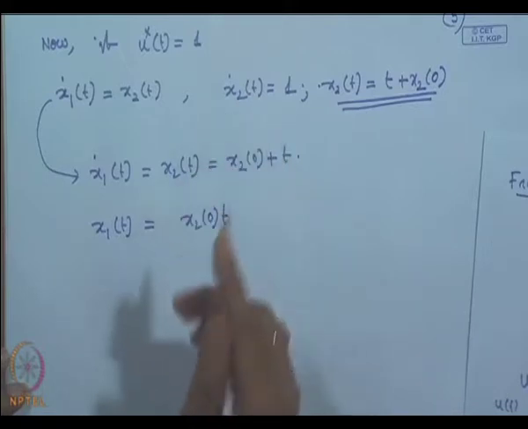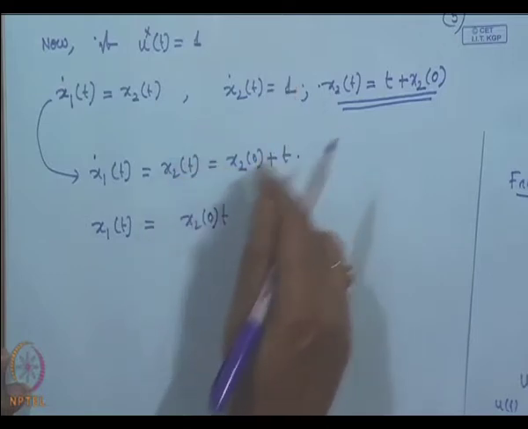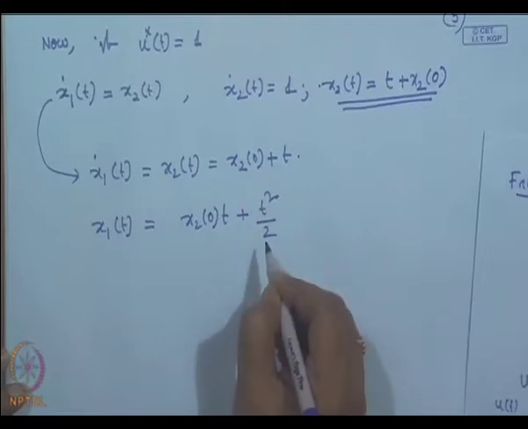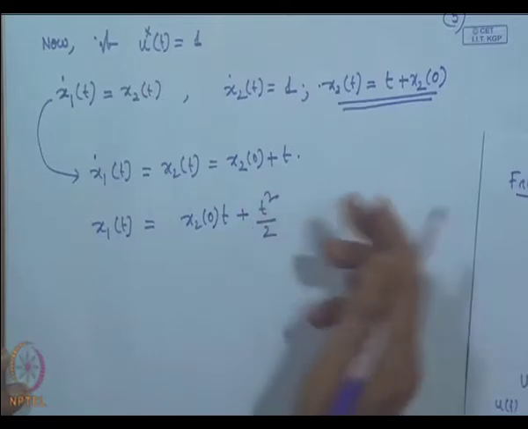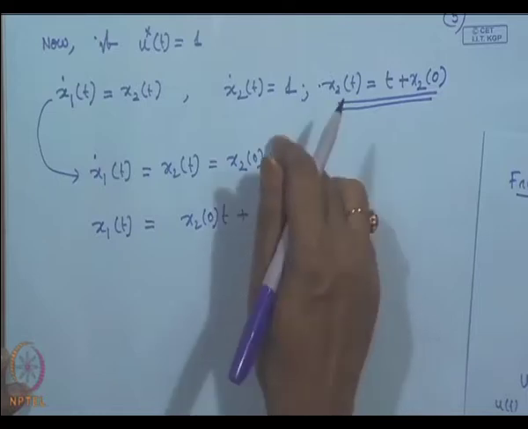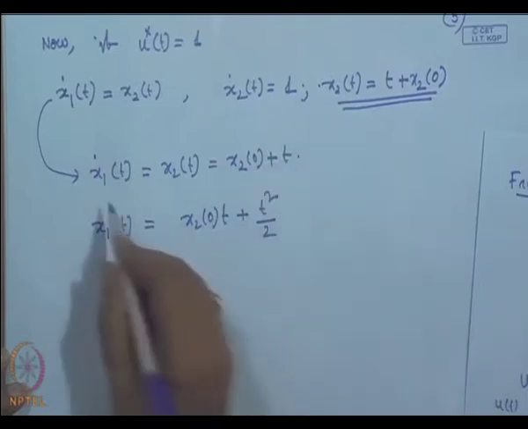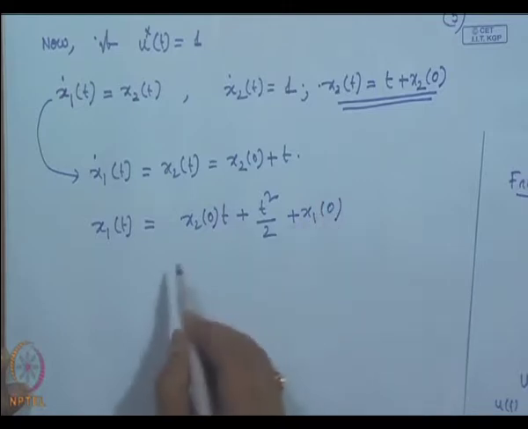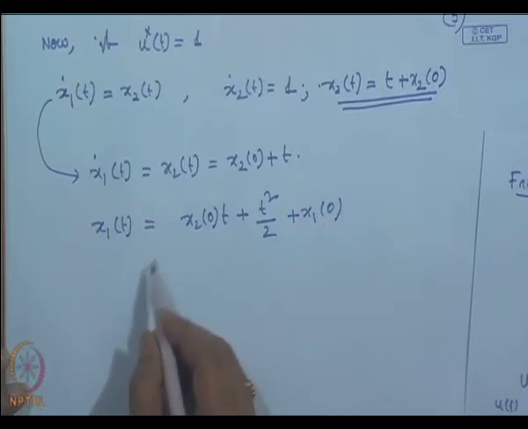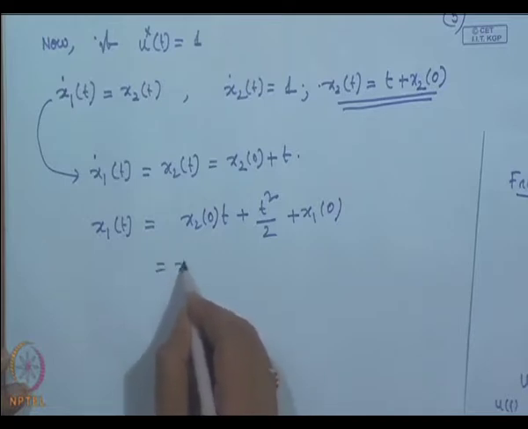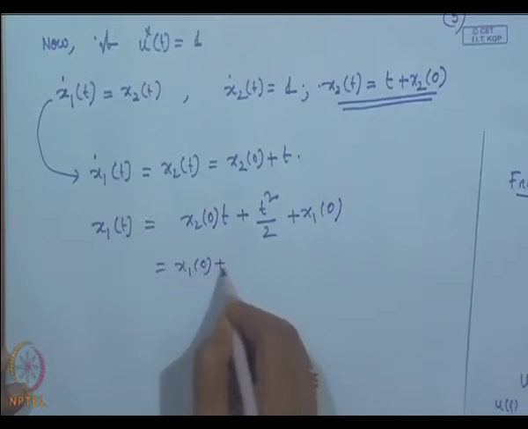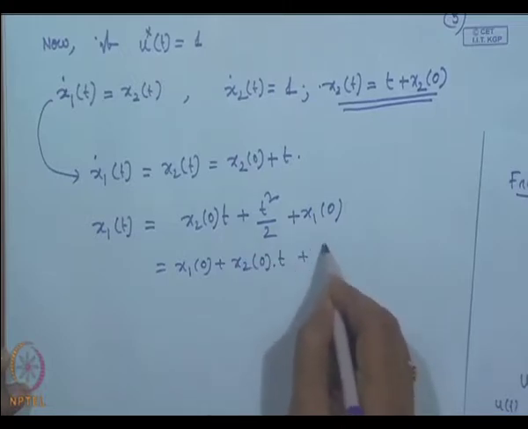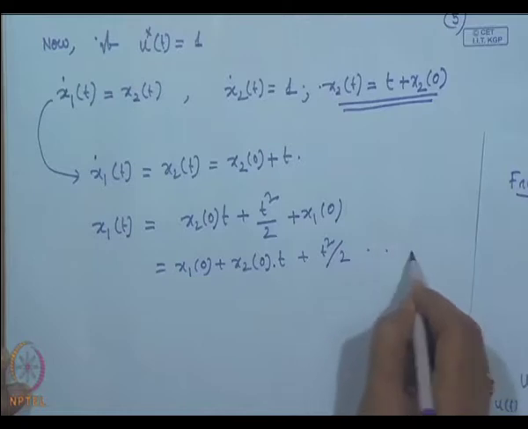Because its lower limit is 0 and upper limit is t, it will be t. Then this one is t square by 2, upper limit is t, and the lower limit term will not come from this integration part. So, plus x 1 of 0. So, this is our solution, that x 1 you can write as x 1 of 0 plus x 2 of 0 into t plus t square by 2.